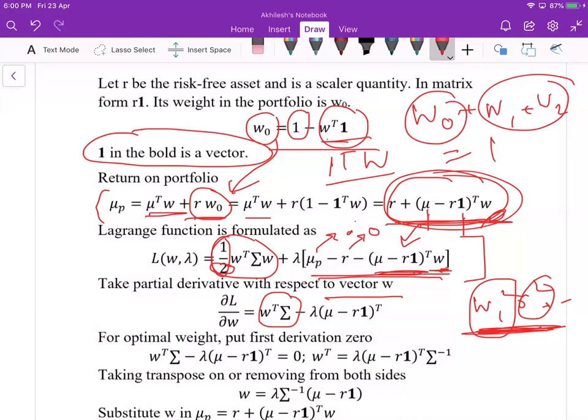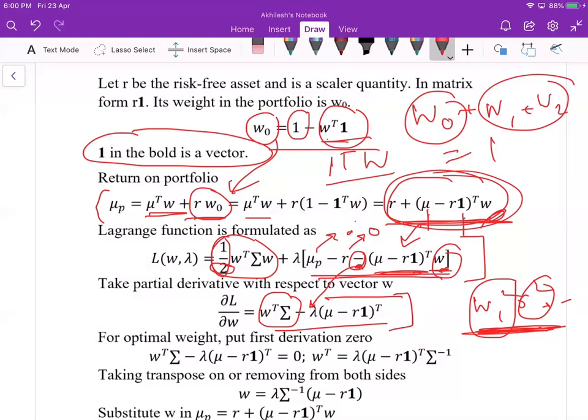So lambda into this minus term comes here, lambda is constant into mu minus r1 transpose, and this becomes 1 when you differentiate w with respect to w. So finally we have this term after differentiating with w.